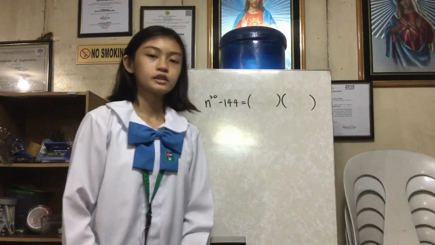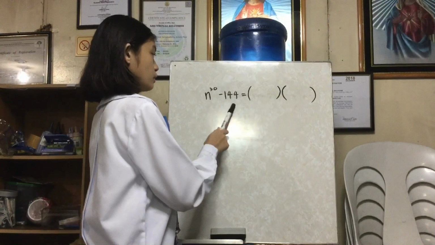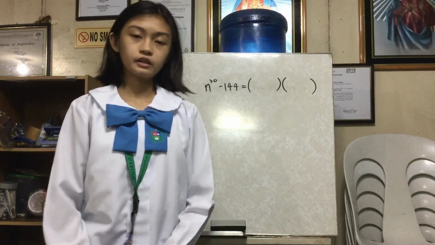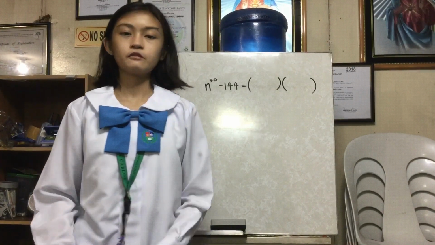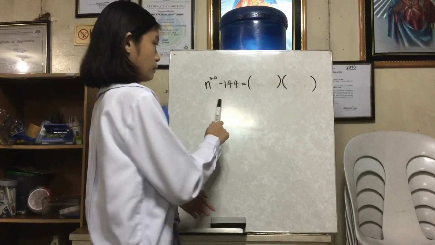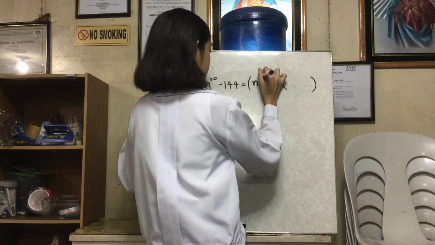So the last example for this is n to the 30th power minus 144. We know that the half of 30 is 15, and n to the 15th power times n to the 15th power is n to the 30th power. So write n to the 15th power in two parentheses.